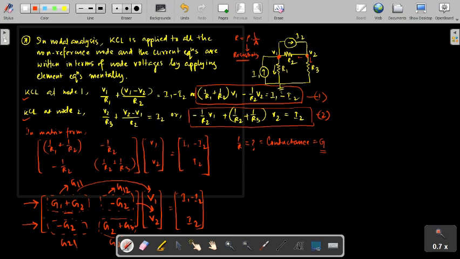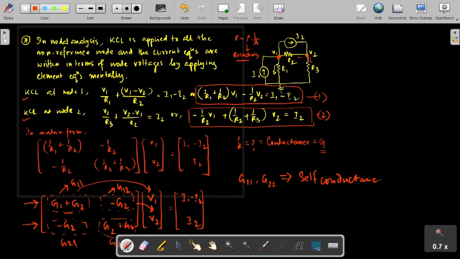Sir, what is the meaning of G11, G12, G21? These G11 and G22 are called self conductance, because these conductances are directly connected to the particular node.